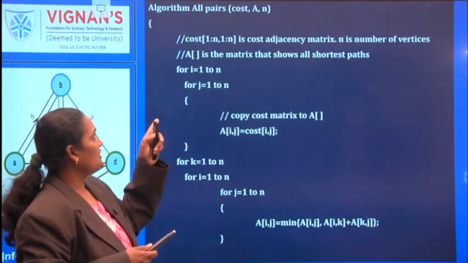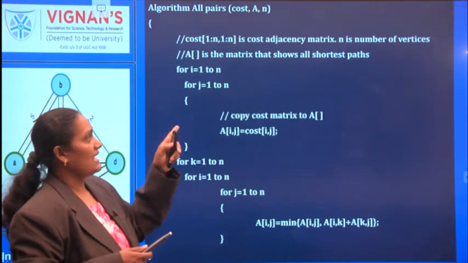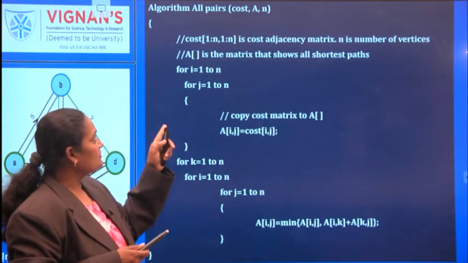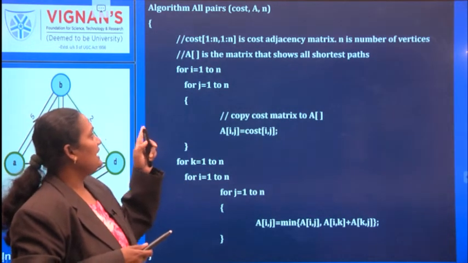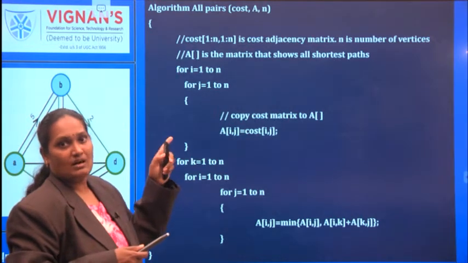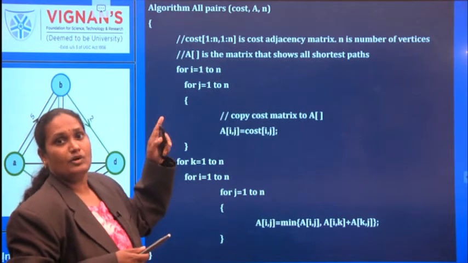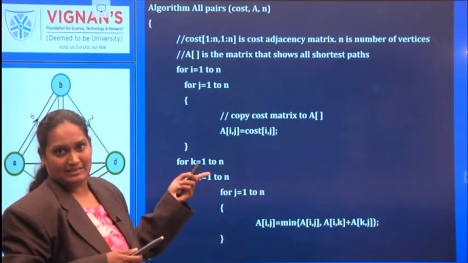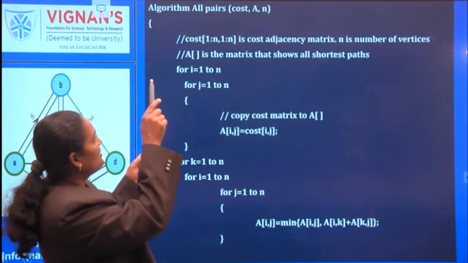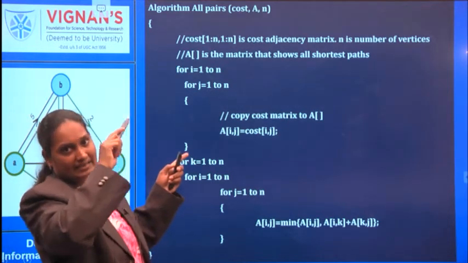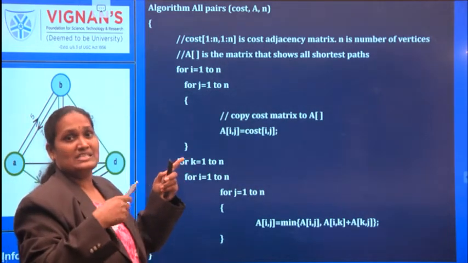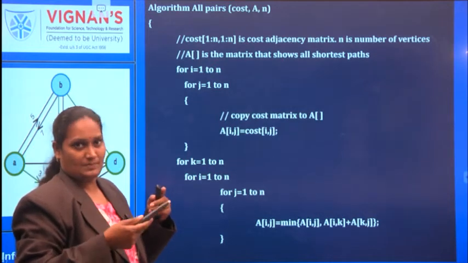Cost[1..N, 1..N] is a cost adjacency matrix, written for N number of vertices. And A is the matrix that shows all shortest paths, that is, the final matrix that we obtain after analyzing the algorithm.